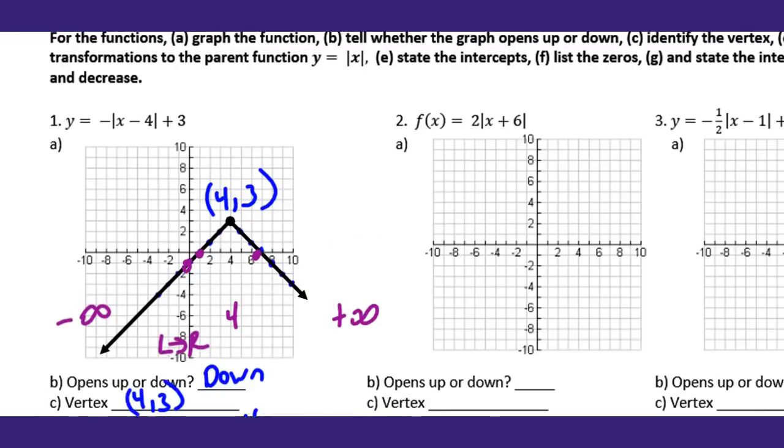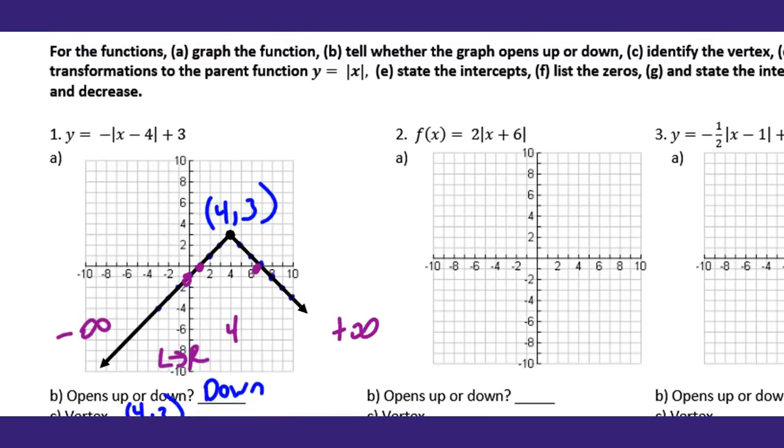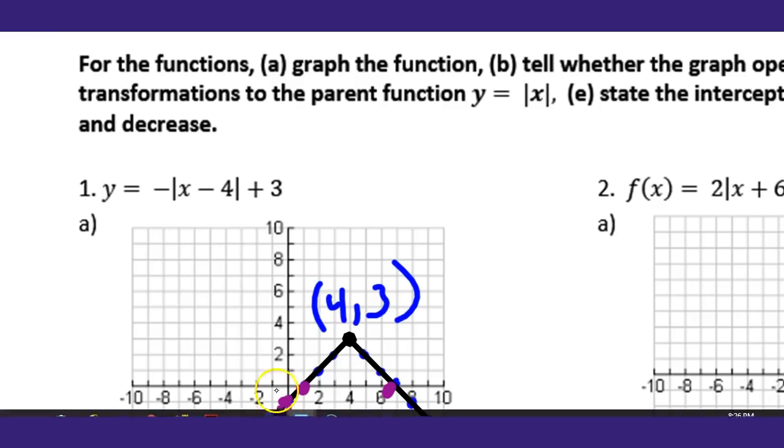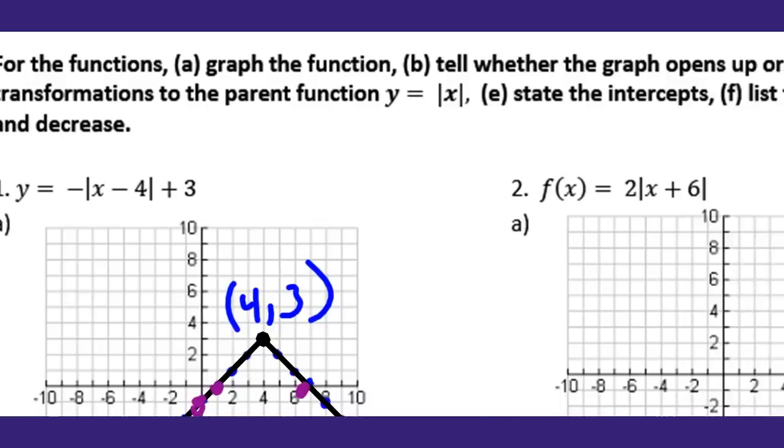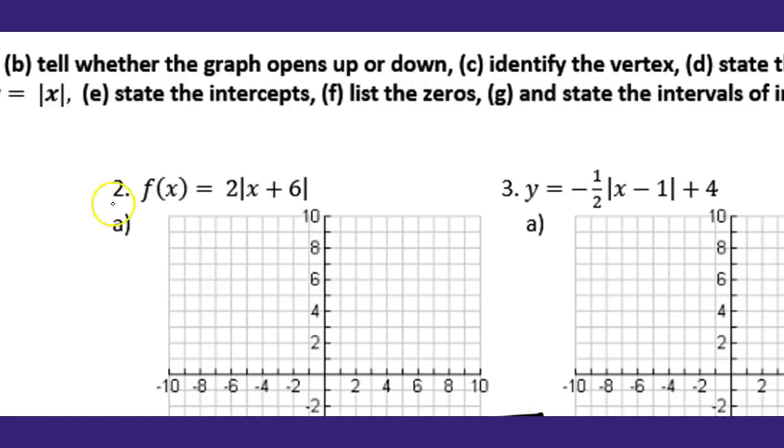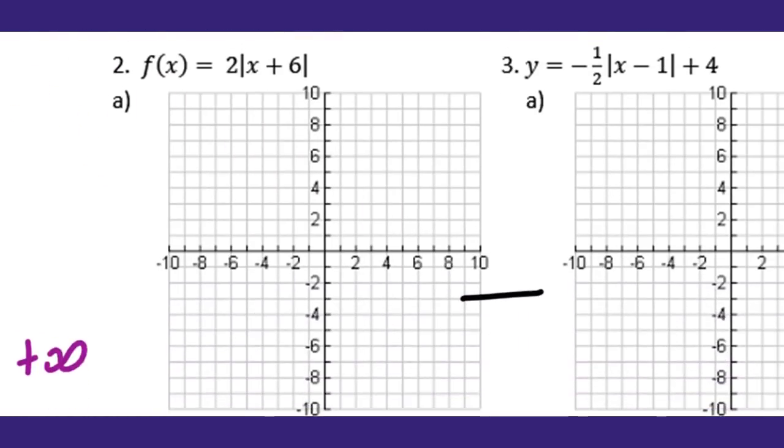All right, let's look at number 2. Remember, your vertex is H, K. Notice you have an H right here, but you do not have a K. That means we're not going to go up or down.